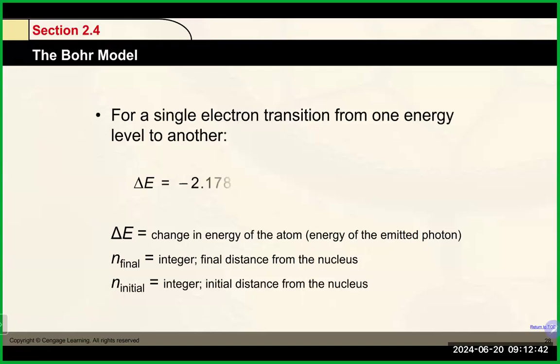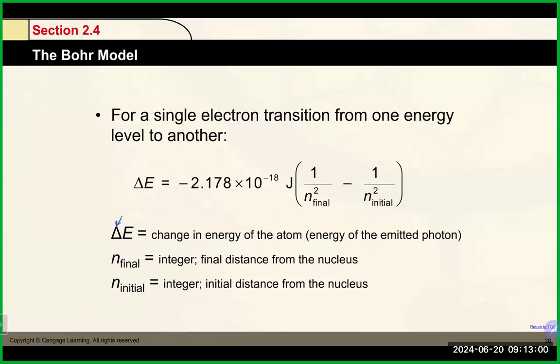So we can actually calculate the energy associated with the electrons that are transitioning from one energy level to the next through this equation here. That is the change in energy. That's what the delta symbol represents, the change.